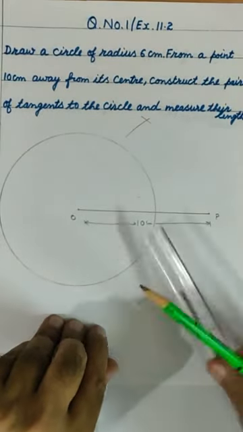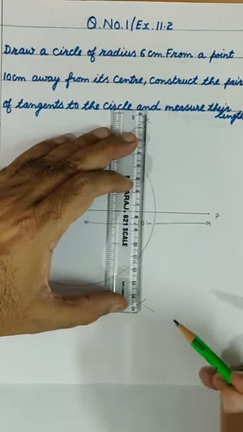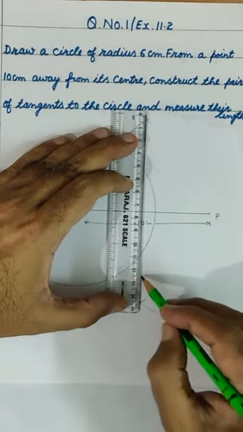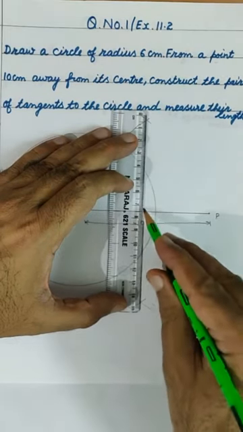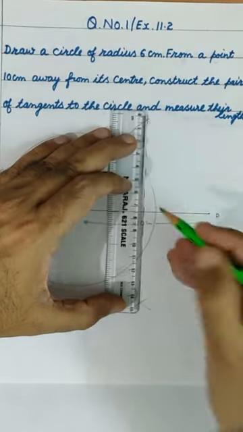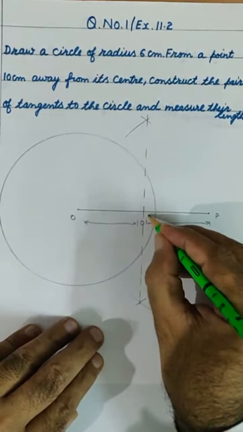Now you draw the perpendicular bisector. You can draw a dotted line because we require this. We got the O dash point.